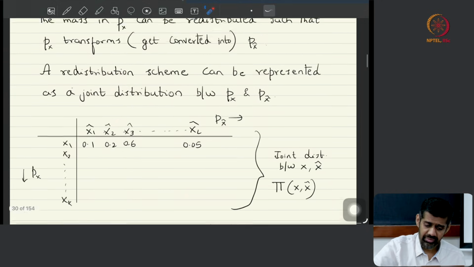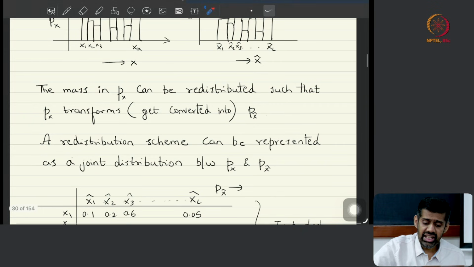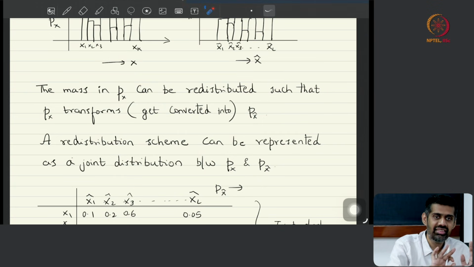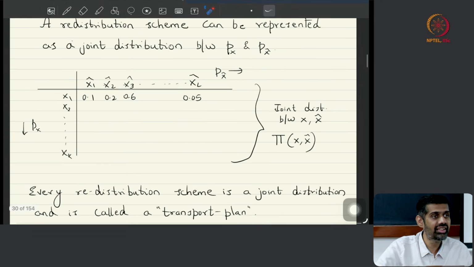Now, here is my claim: every redistribution scheme that would transform one distribution into the other can actually be represented as a joint distribution between Px and Px cap. Every redistribution scheme that would convert Px into Px cap can be represented as a table. Before calling it a joint distribution, do you agree that it can be represented as a table?